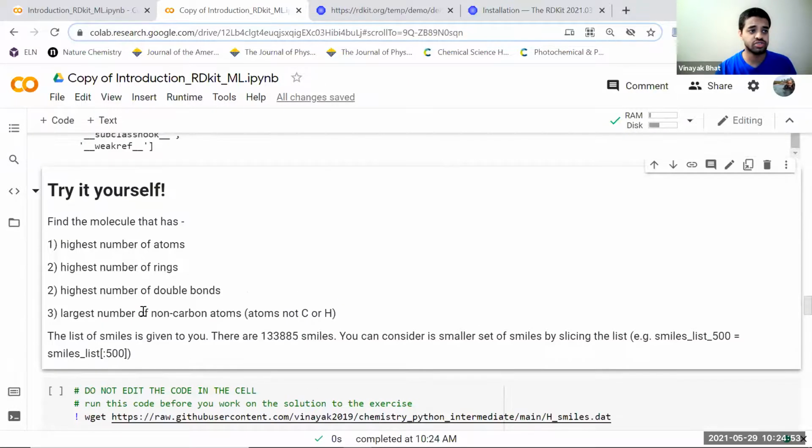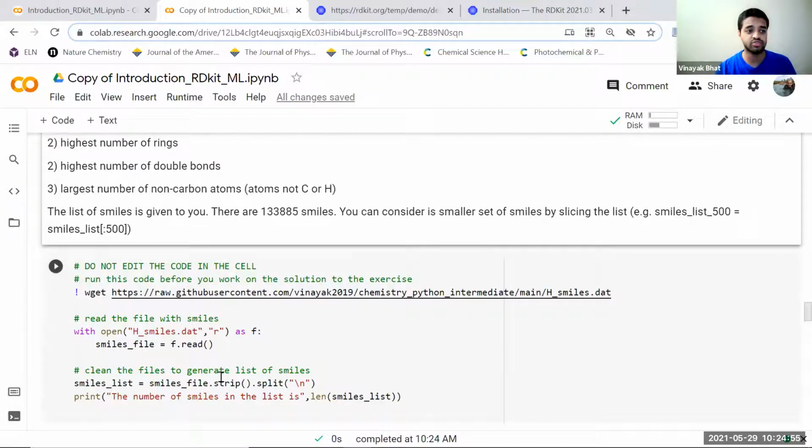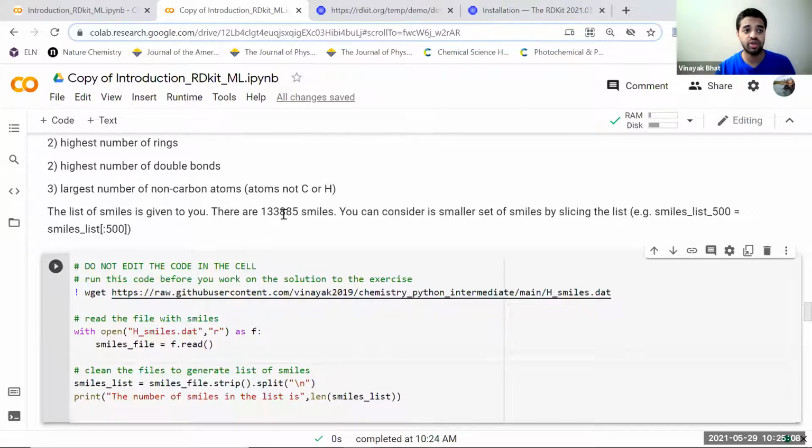To do this, I already have written a small code for you wherein you will get the SMILES, and these are from the GDB database, and you can just run it, and over here we have around 133,000 SMILES.